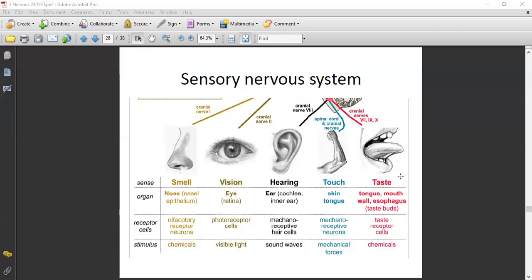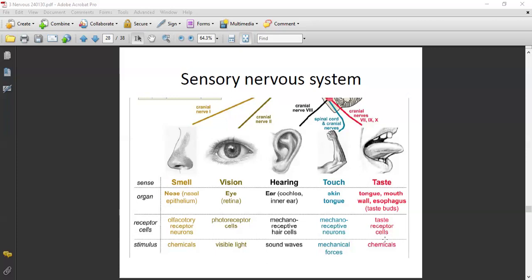What we need to know is what kind of receptor it is. Touch is the mechanoreceptor, hearing is mechanoreceptor again, vision is the photoreceptor, and smelling is the olfactory cell, which is a chemoreceptor. Taste is in the taste buds, and these are also chemoreceptors.